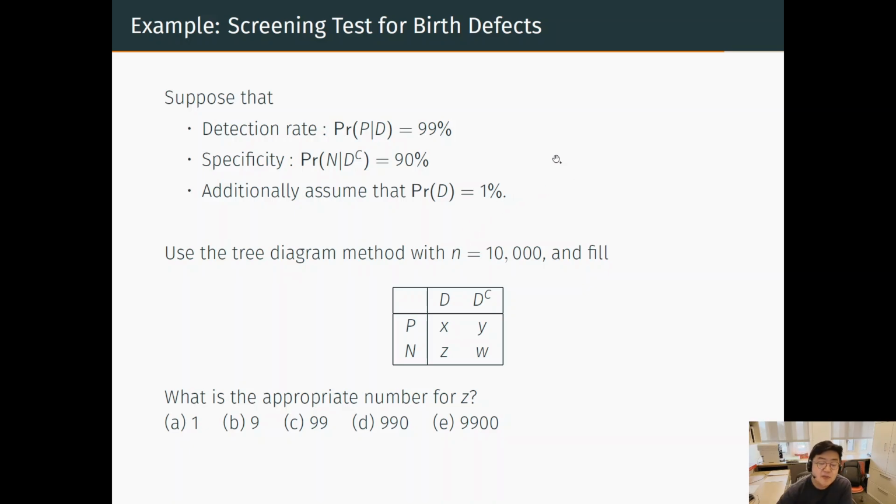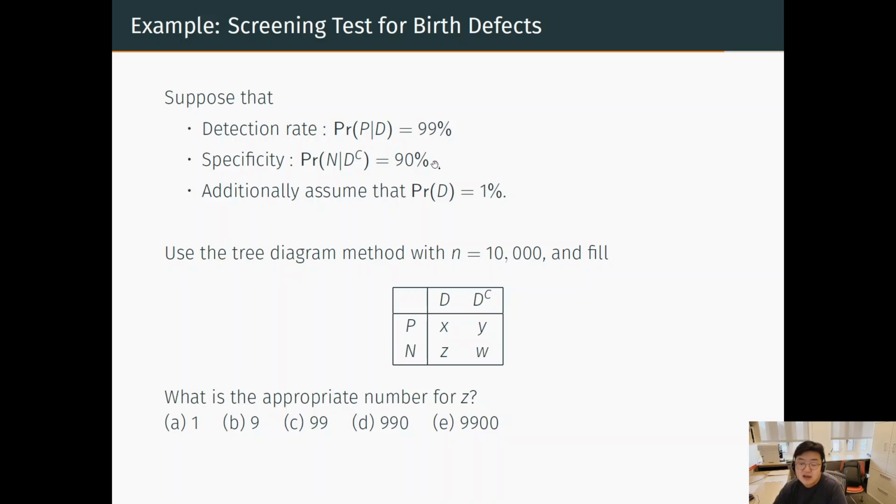So let's think about this example. I put some numbers. The detection rate, the probability of P given D, is 99%. Specificity is the negative result given non-disease, non-defect, which I assume is 90%.